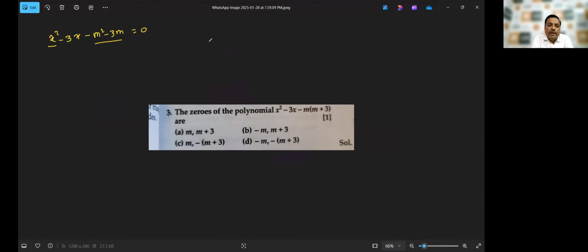X² minus 3x minus m and m plus 3. So this and this we have to multiply, तो ये हो जाएगा minus m and m plus 3. And the x² is there, then minus m² minus 3m.